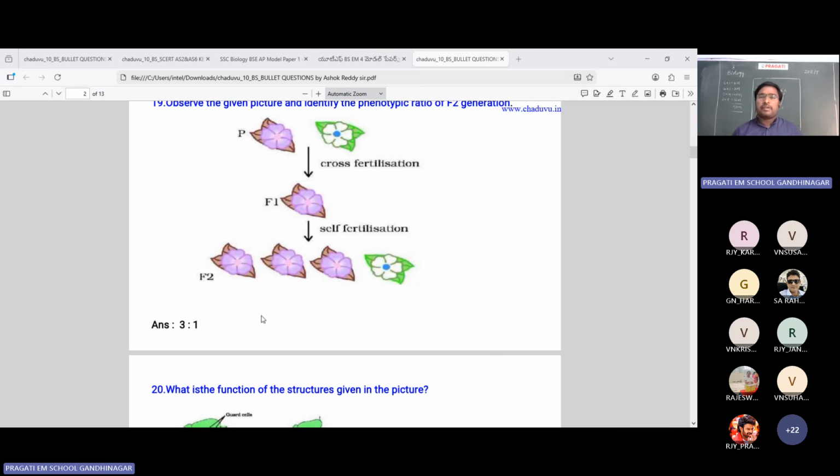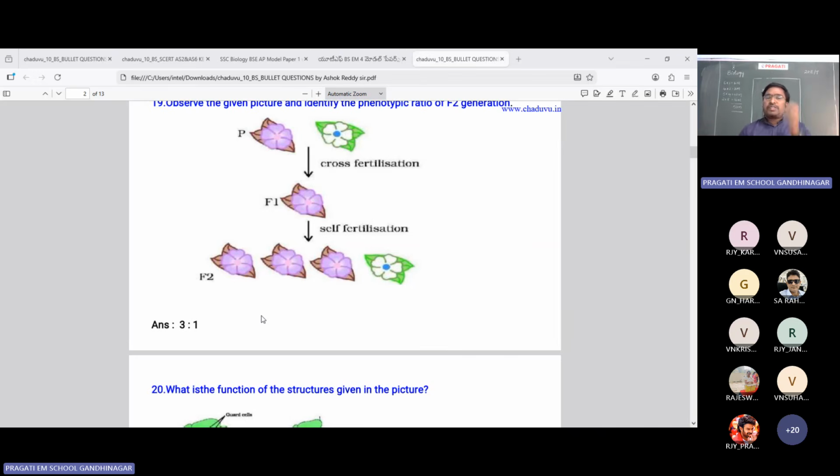Phenotypic means visible characters. Whatever characters are visible in the plants, those characters we examine. After that, we can calculate the ratios. Genotypic ratios are not visible; basing on the Punnett square, we use them to say genotypic ratios mostly.